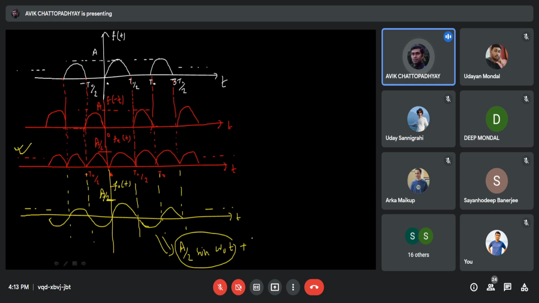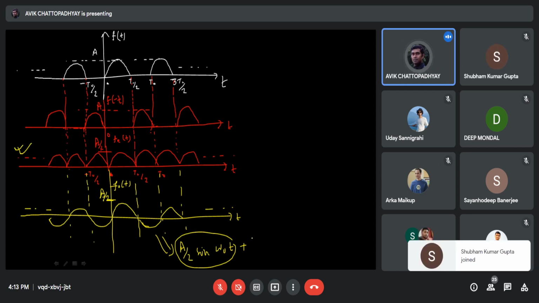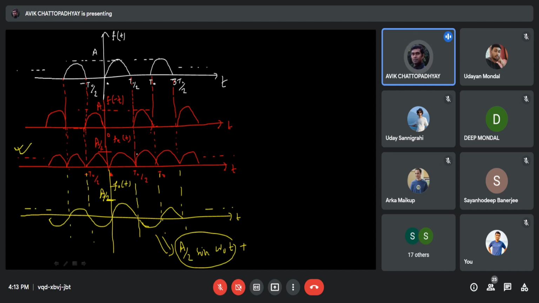How to find the DC term in this case? It is like a full wave rectified version of a signal, so for its DC term there is a formula. You can directly apply the formula.